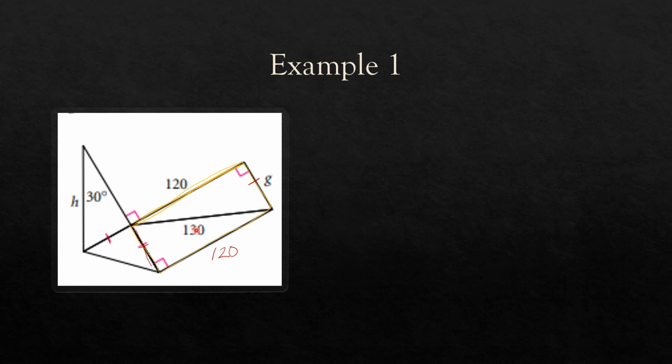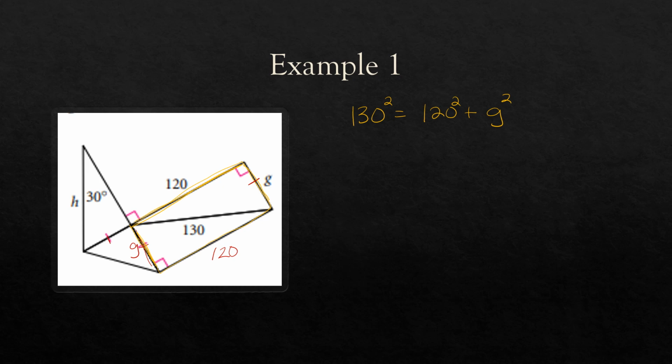I have the hypotenuse at 130 and I have the long leg at 120. So then I can calculate 130 squared is equal to 120 squared plus what would be G squared. Because this and this are the same length, I could use even this bottom as G, it would be the same. So what I'm doing is saying that this is also length G.